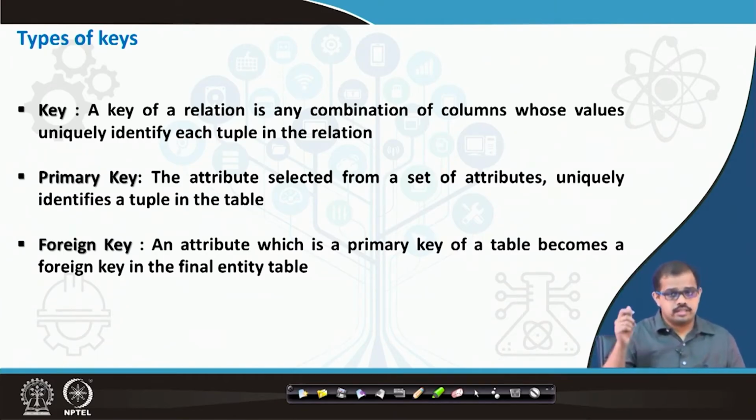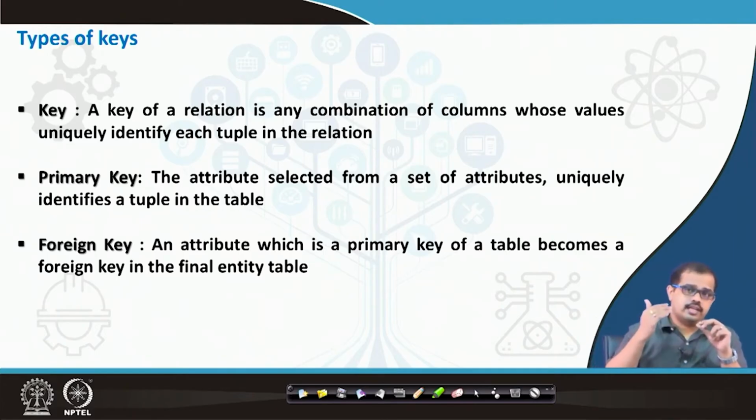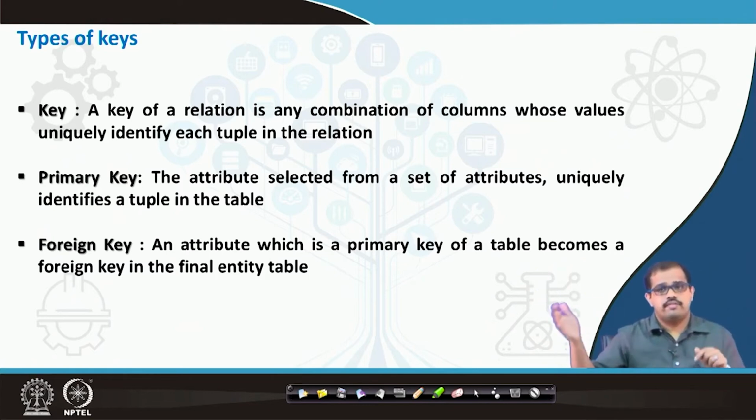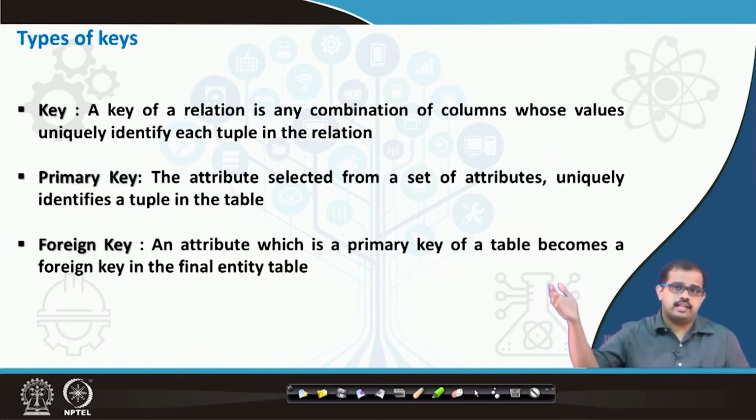Rows are uniquely identified values. For example, a student ID, a student name, or his percentage of marks in 10th standard and 12th standard are all different values in different columns. So that becomes a key.